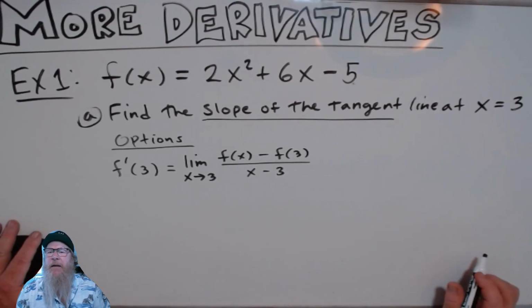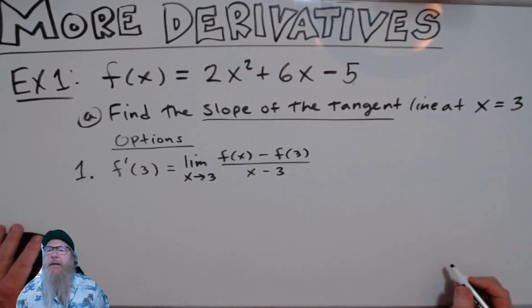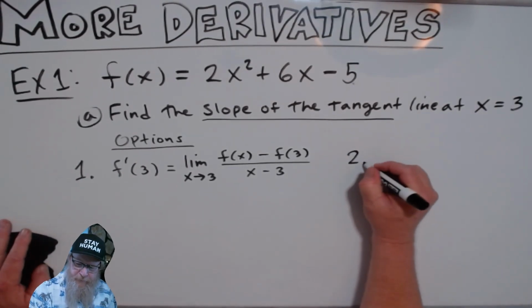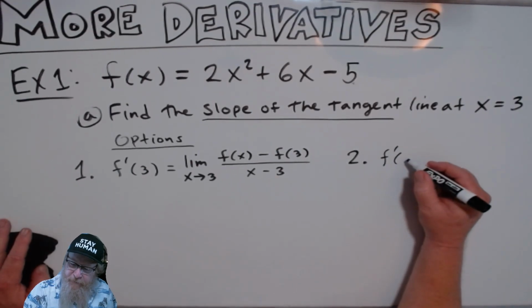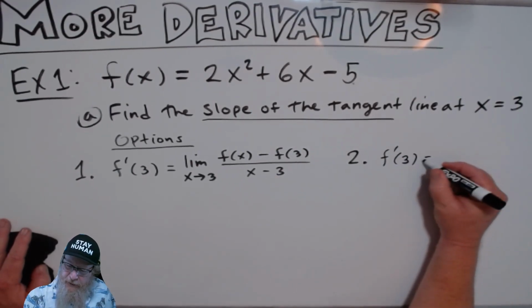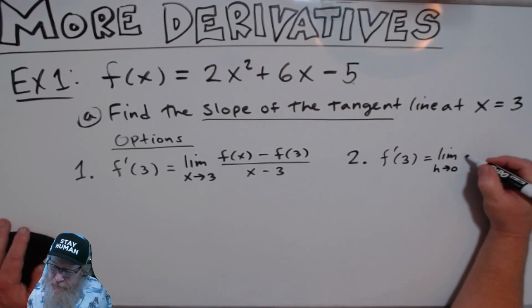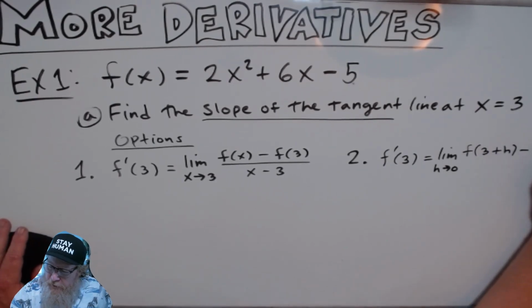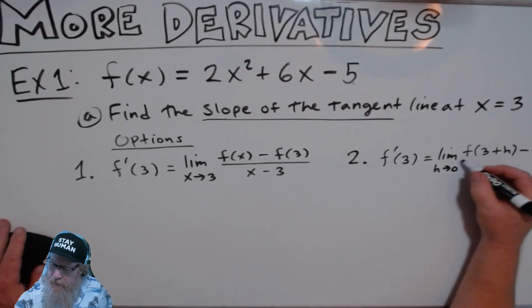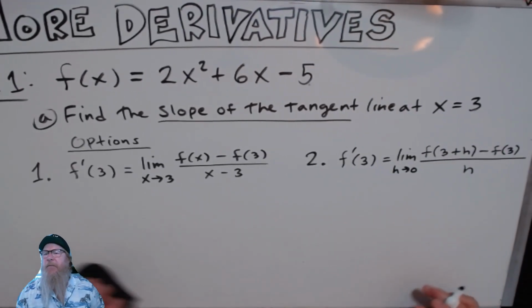That's option number one. Option number two would be f prime of 3 is the limit as h approaches 0 of f of 3 plus h minus f of 3 all over h. That would be my other option.